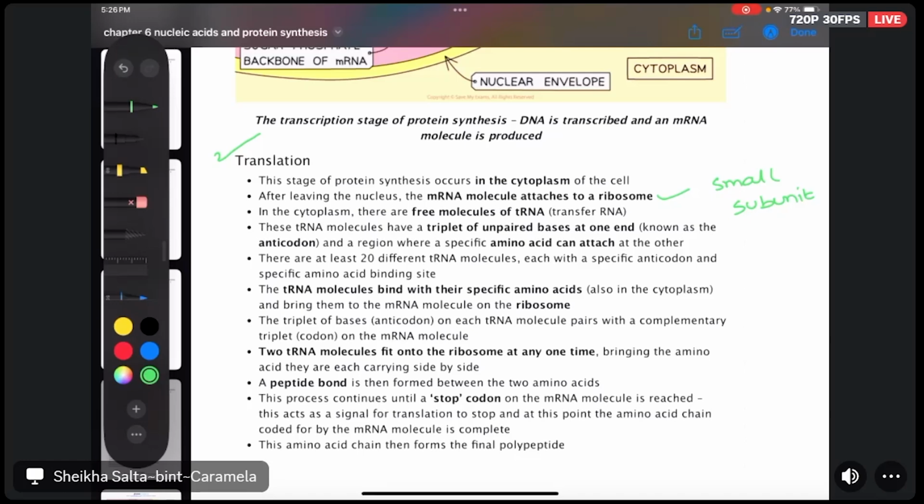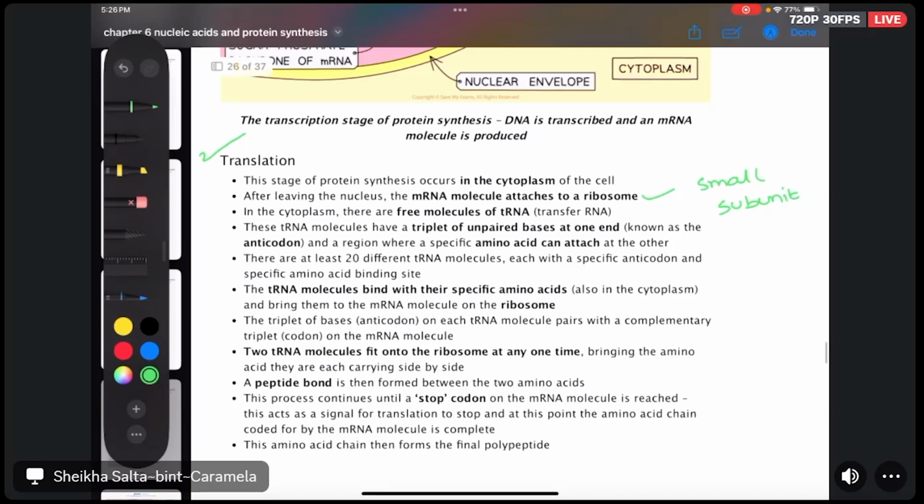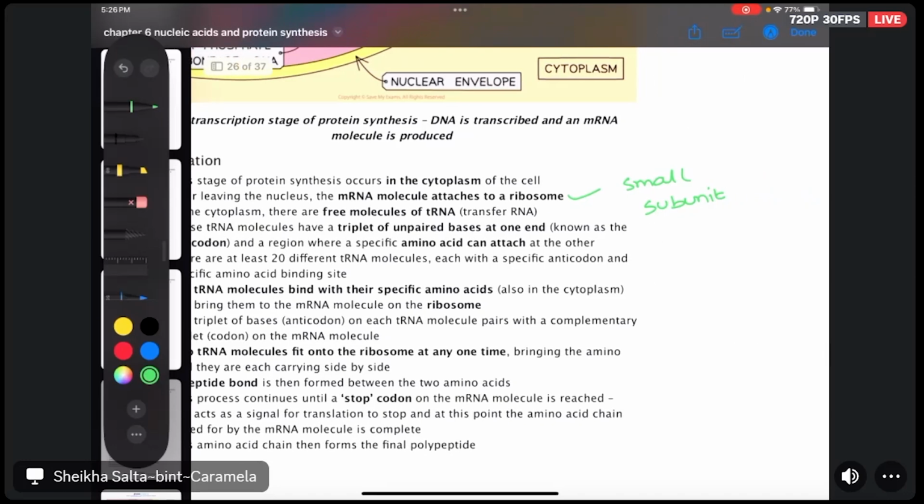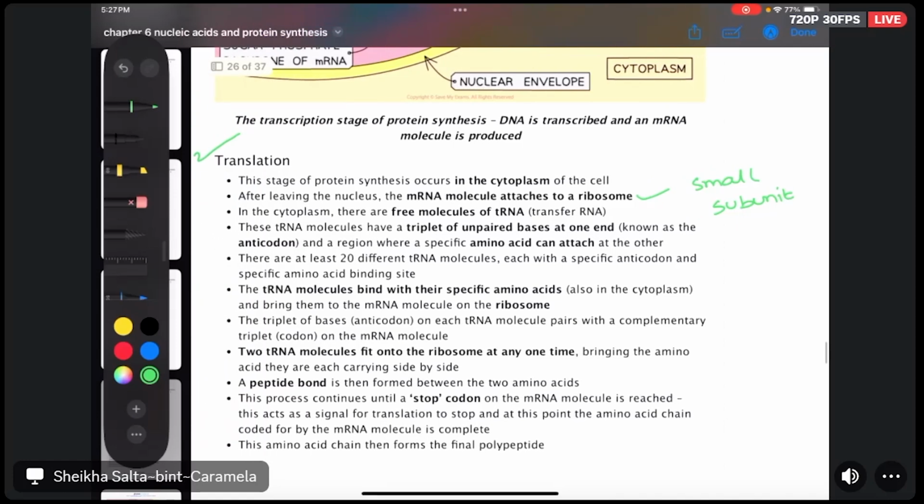On the larger subunit, there is an enzyme called peptidyl transferase, which is not mentioned here again. What this does is it catalyzes the formation of peptide bonds between the amino acids to create the polypeptide chain. So this happens continuously.